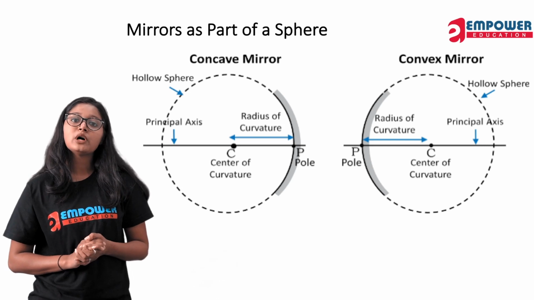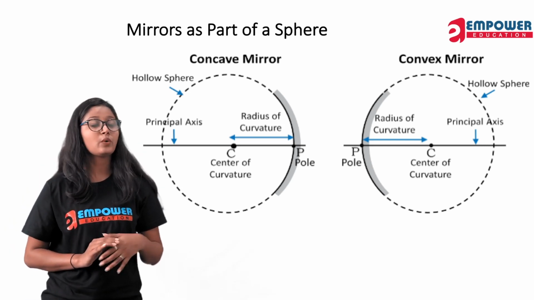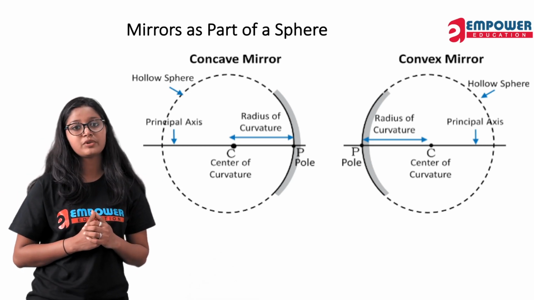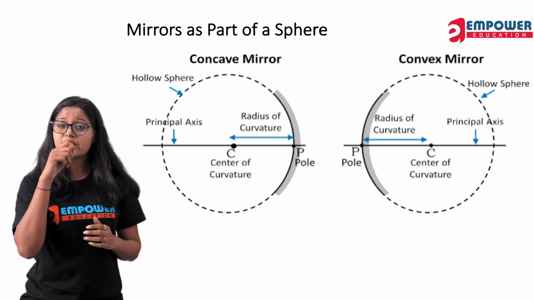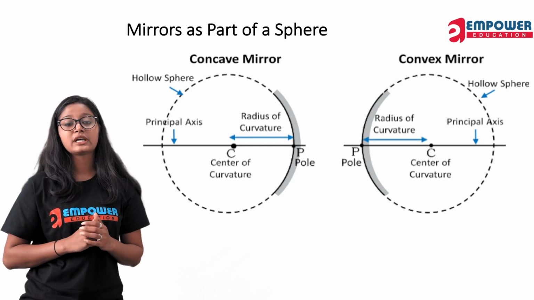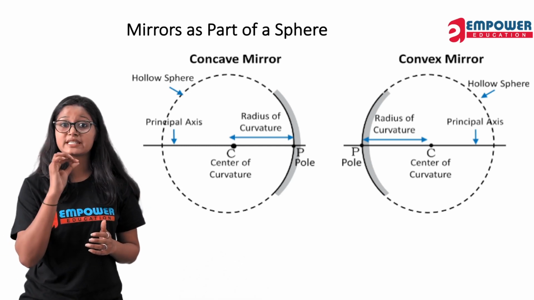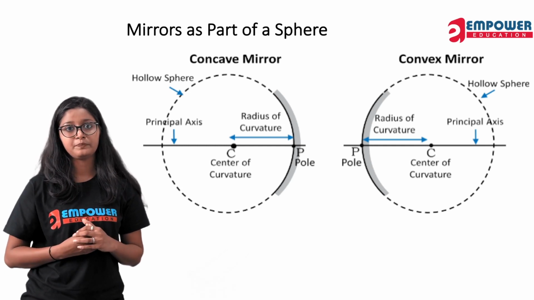Now in this diagram, you can see the reflecting surface of the mirror. In the reflecting surface of the mirror, consider the midpoint of the mirror, or you can say the center of the mirror.